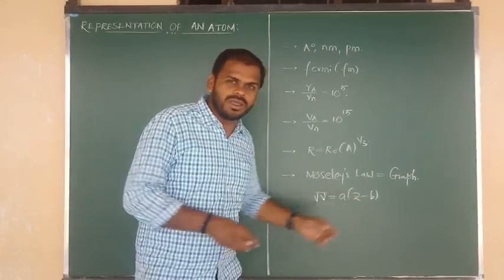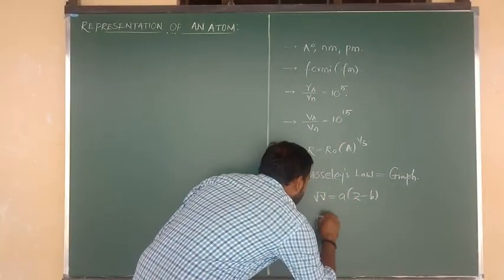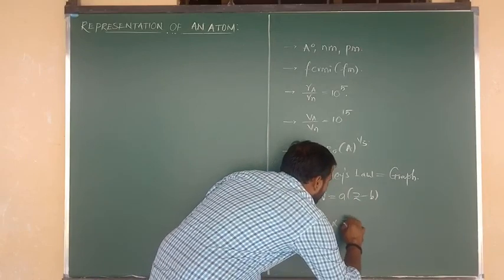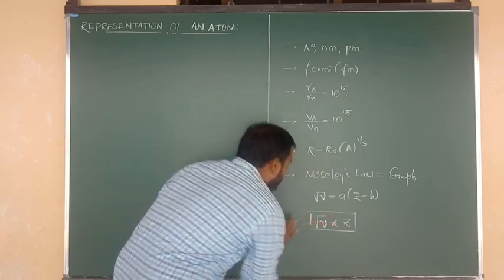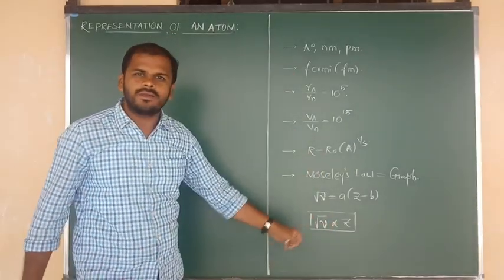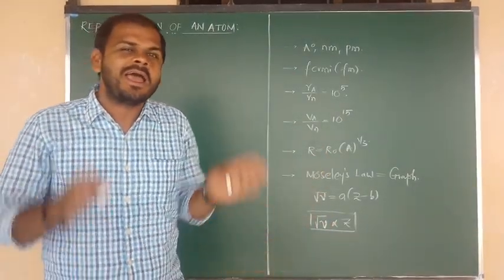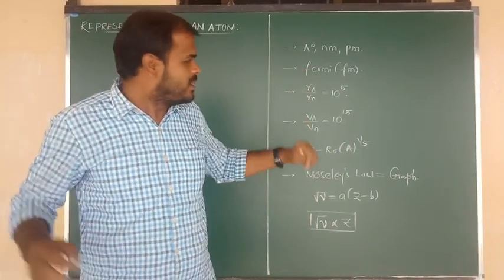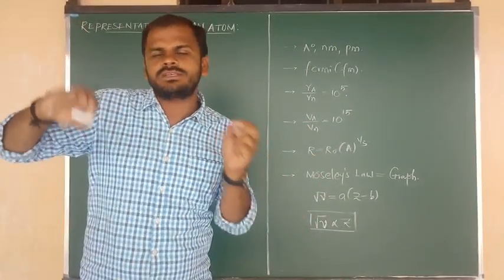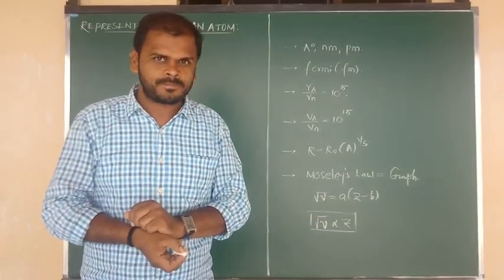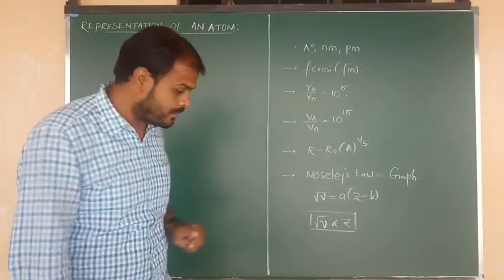I told you clearly, the frequency of the characteristic X-ray is directly proportional to what? Atomic number. All this information is very important from the competitive point of view. All this information we studied clearly in the last video. Okay, beta? Good.